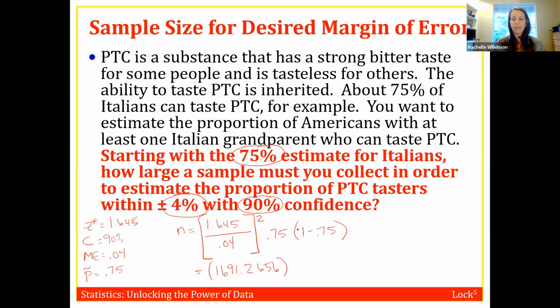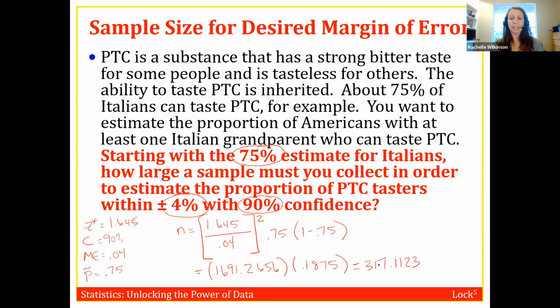Okay, now I'm going to do this second part with the 0.75 times 1 minus 0.75, which is equal to 0.1875. Now I have to just multiply those two things together: 1691.2656 times 0.1875, and I get 317.11.